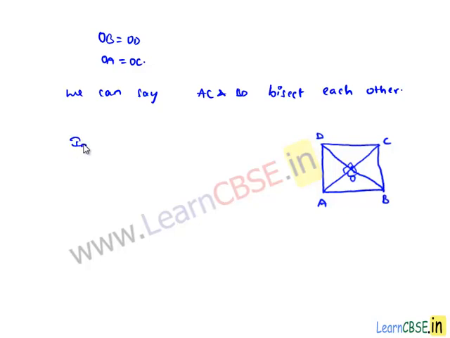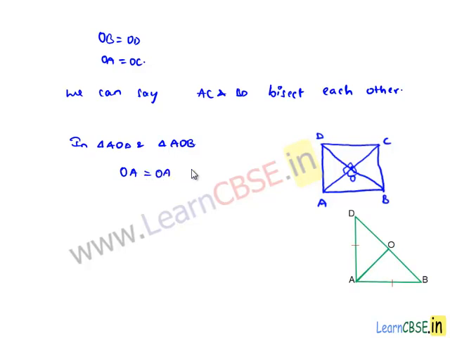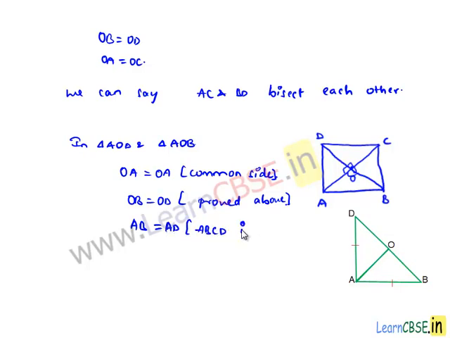Now let us consider triangle AOD and triangle AOB. OA will be equal to OA since it is a common side. We already proved that OB is equal to OD, and also we know that AB is equal to AD, as ABCD is a square.